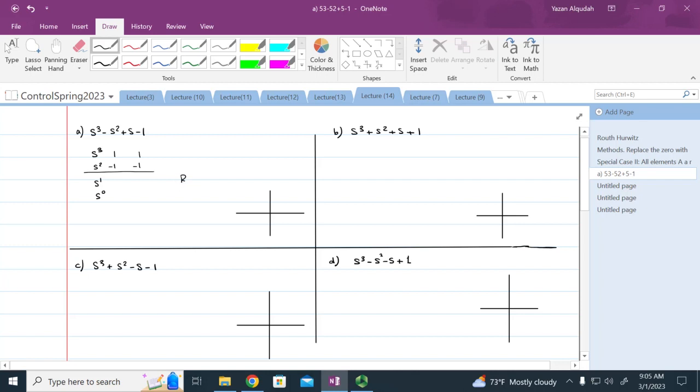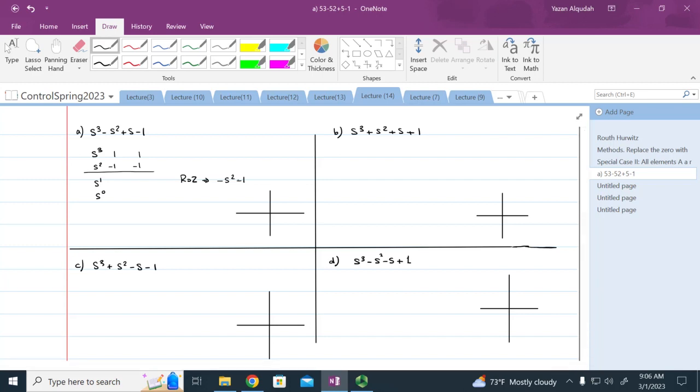That tells me that the line above it is a factor. What is that factor going to be? Negative s squared minus 1. Excellent. Negative s squared minus 1 is a factor of this polynomial.